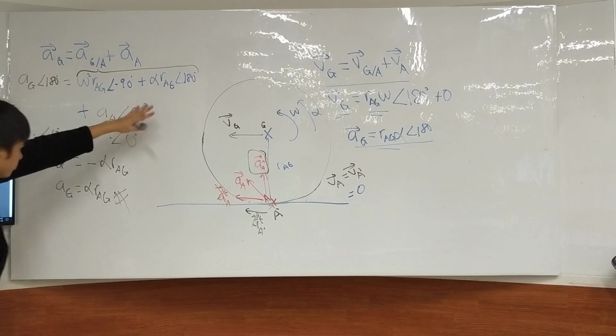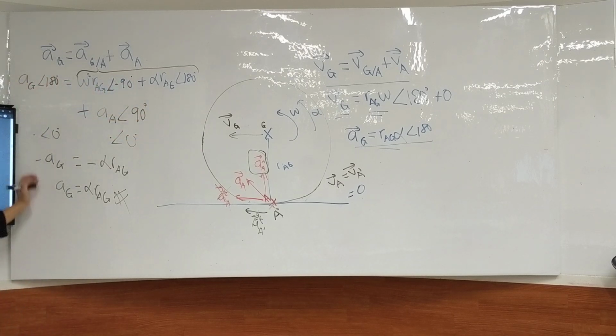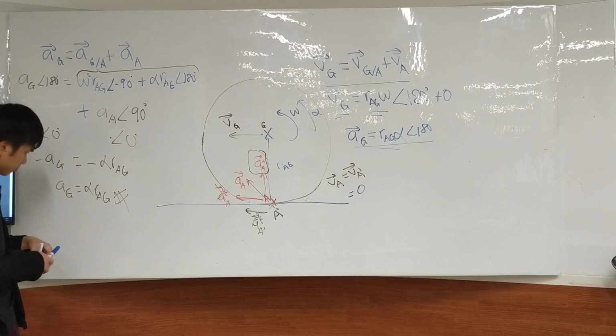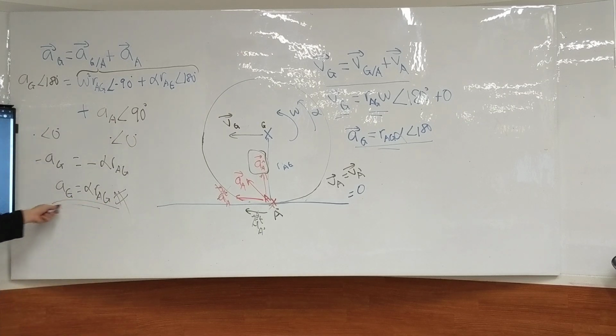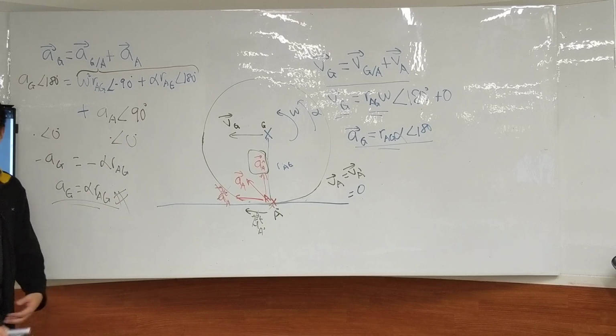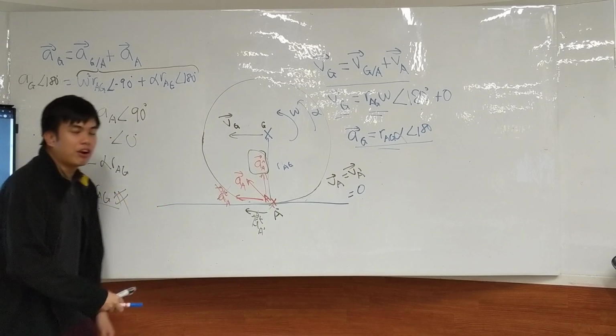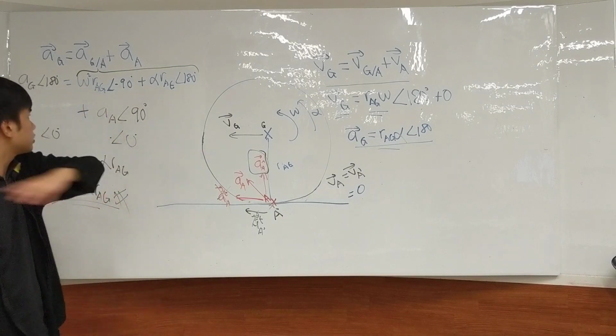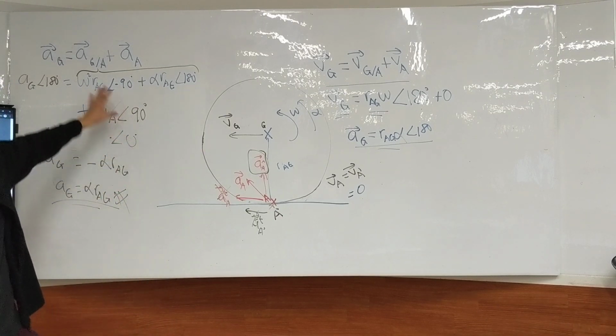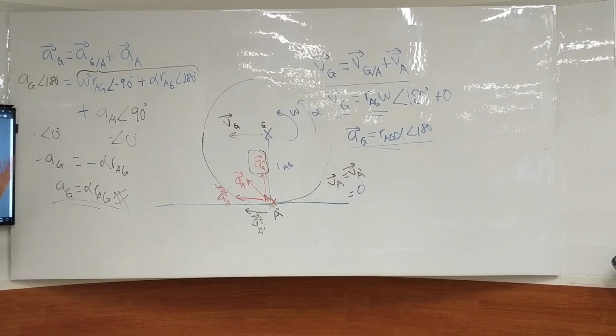So from this manipulation, we dot product both sides with 0 degrees and we reveal this answer. But if you do not know how to dot product, it's fine. You just resolve everything to the horizontal direction, and eventually you get the same answer. What you do is you just cos everything, this will become 0, and eventually you get AG equals alpha RAG.